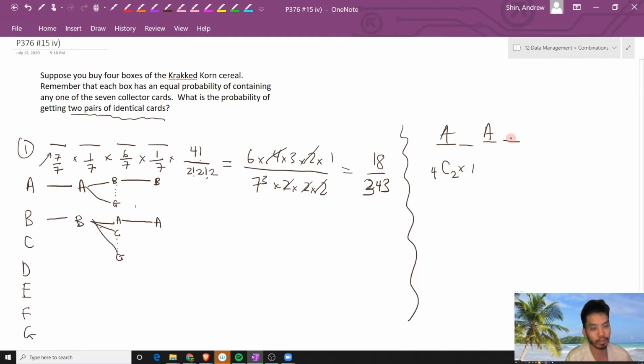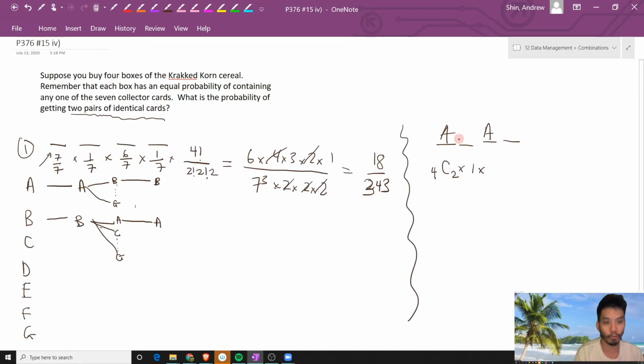There's 1 way of placing the B's afterwards for each AA that we have. Look at the previous examples for what this 4 choose 2 means.